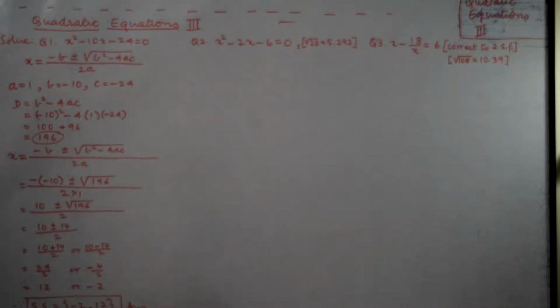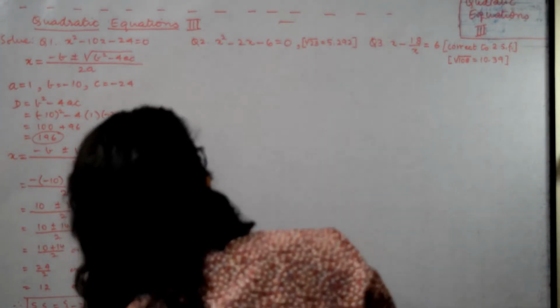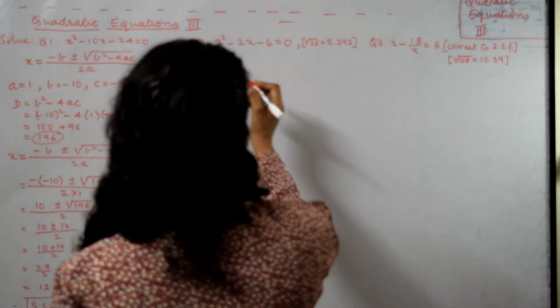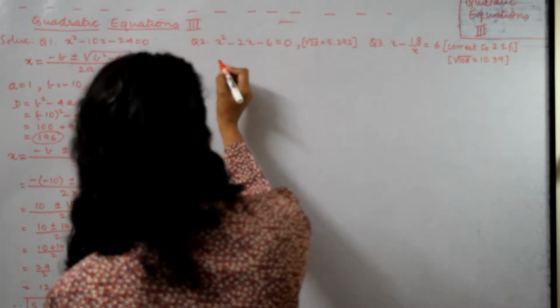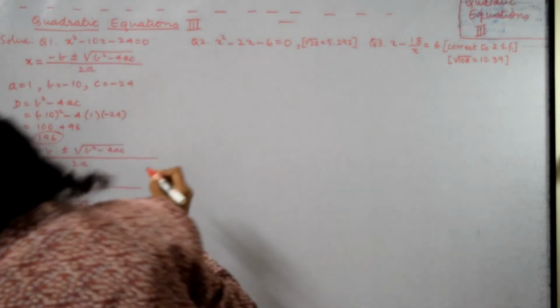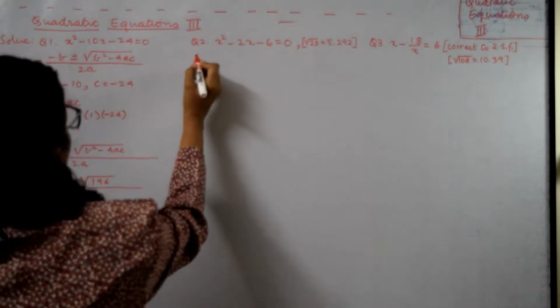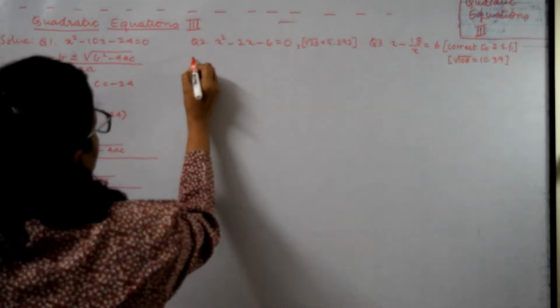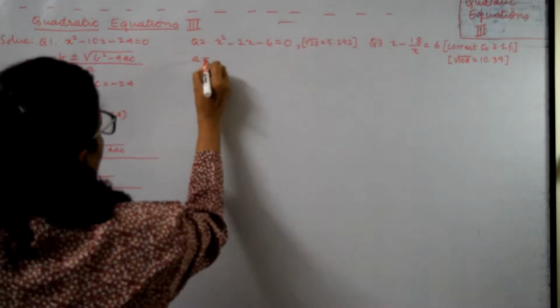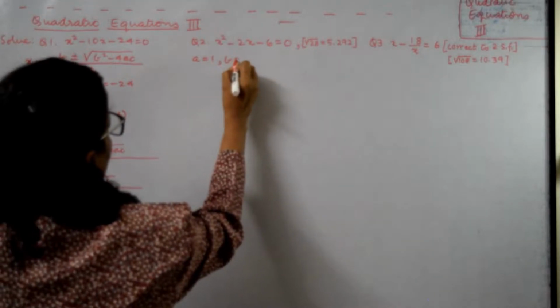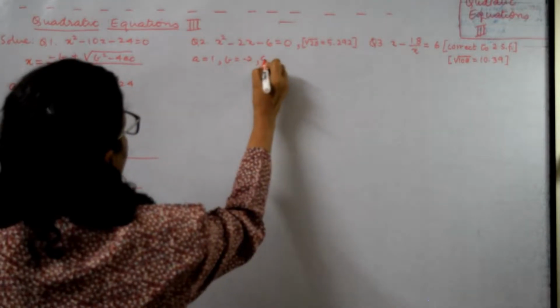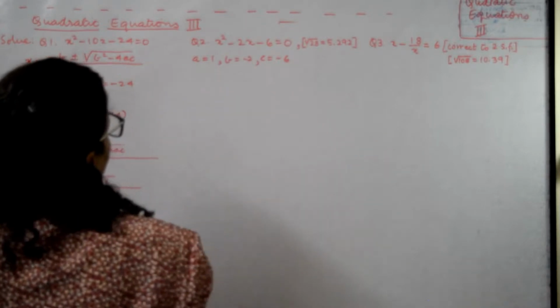Now we are going to apply it here on our question 2. Again we are going to look for a equal to 1, b equal to minus 2 and c equal to minus 6.